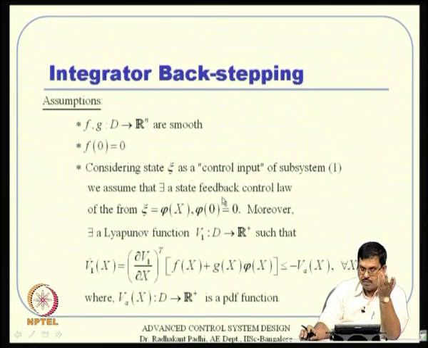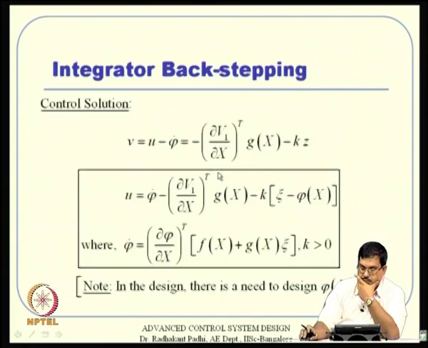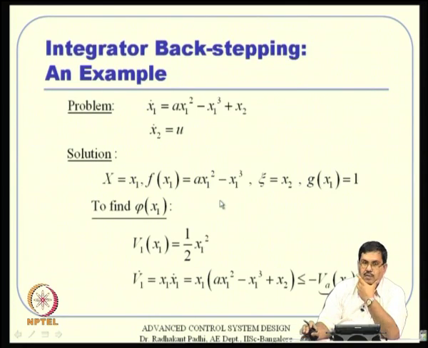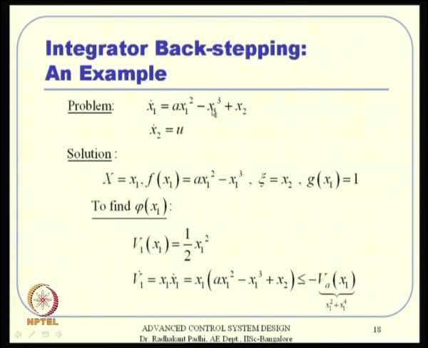That has to be designed first, then you design this u. So let us see a simple example again, like x1 dot is the same example. Instead of u we will put x2, and then x2 dot equals u. That is how we make it a second order system, so that it is compatible with the theory we discussed. The ultimate objective here is that u has to be designed so that the overall system becomes asymptotically stable.